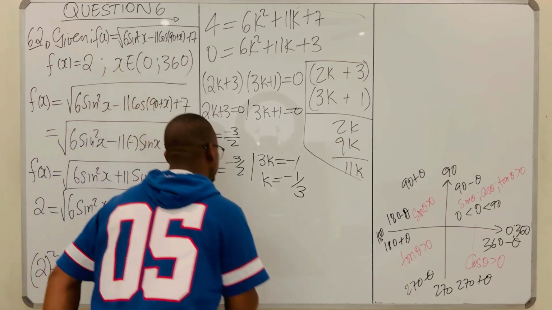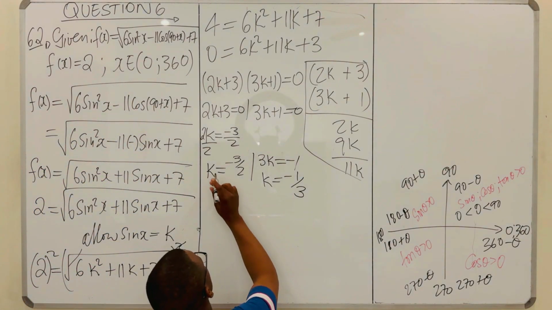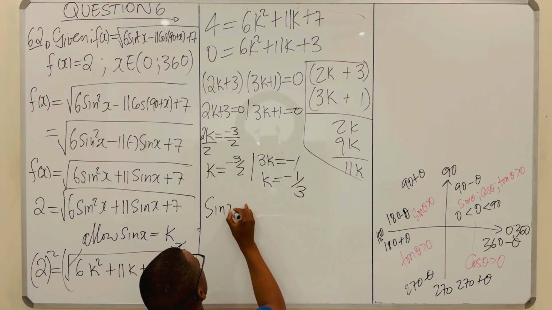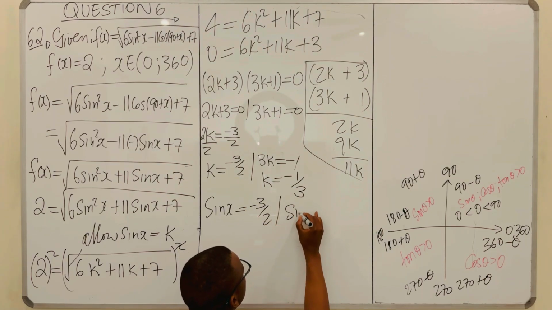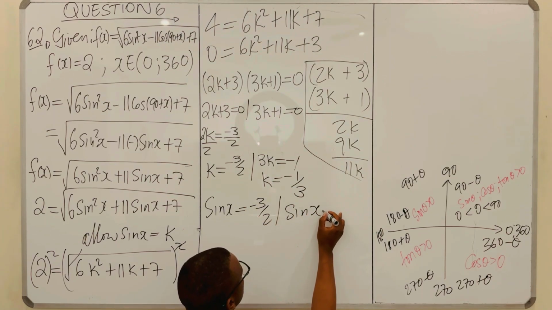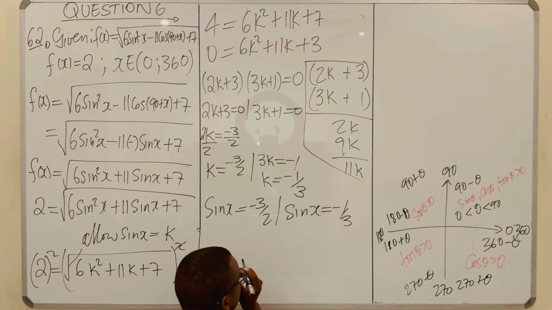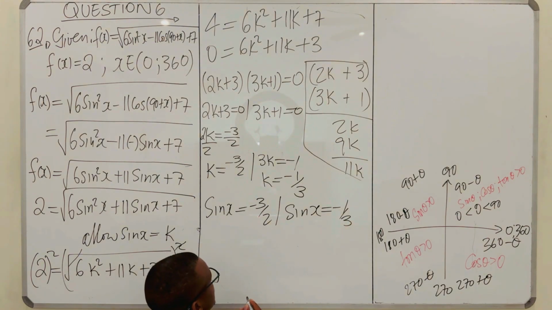But you wanted to find x, and your k is equal to sine x. So sine x is equal to minus 3 over 2, or sine x is equal to minus 1 over 3.